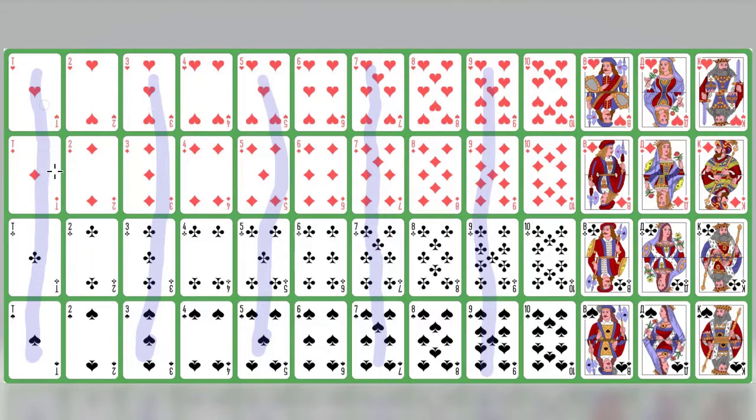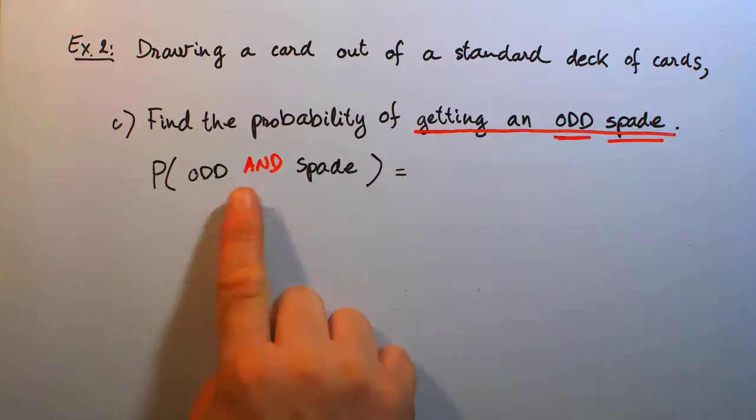These with the light purple stripe through are all the odds that we can count in our cards. And this entire line, where I cross through with a light reddish line, are all the spades. Those are the outcomes we're looking for, once again, odd and spades.